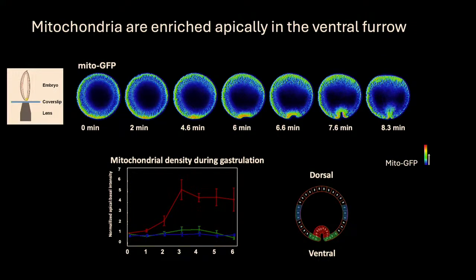When we change this shape, there is no effect on their ATP generating capacity. They still generate ATP just fine, and we do not see an impact on the ATP. However, we do see an impact on the ventral furrow formation.